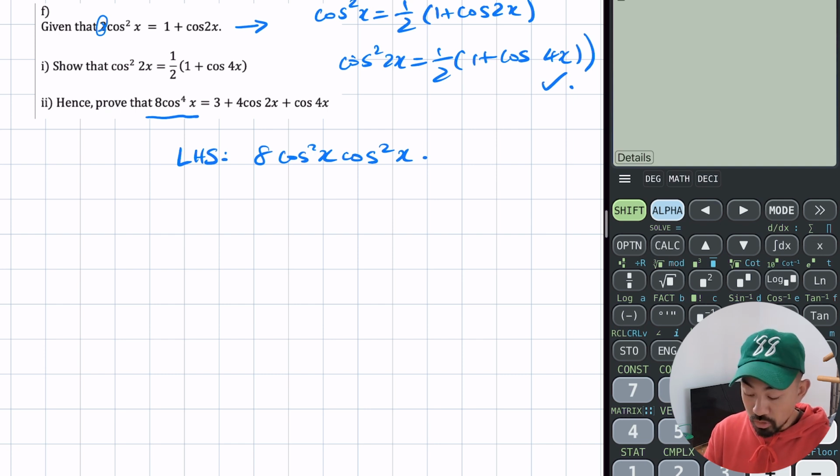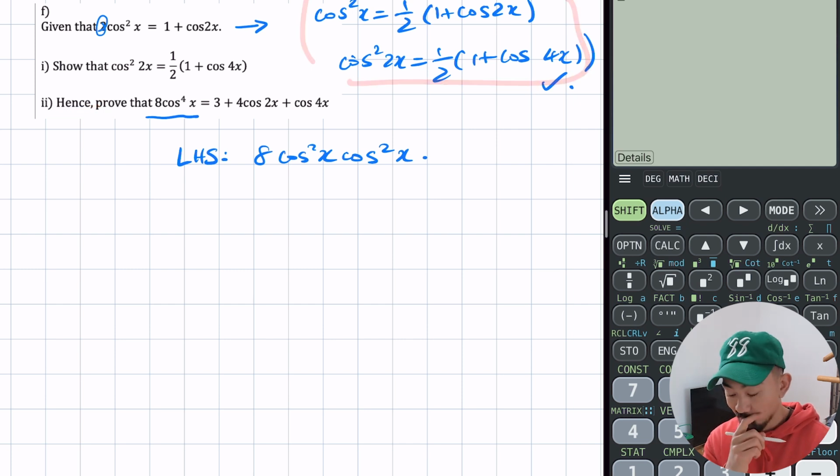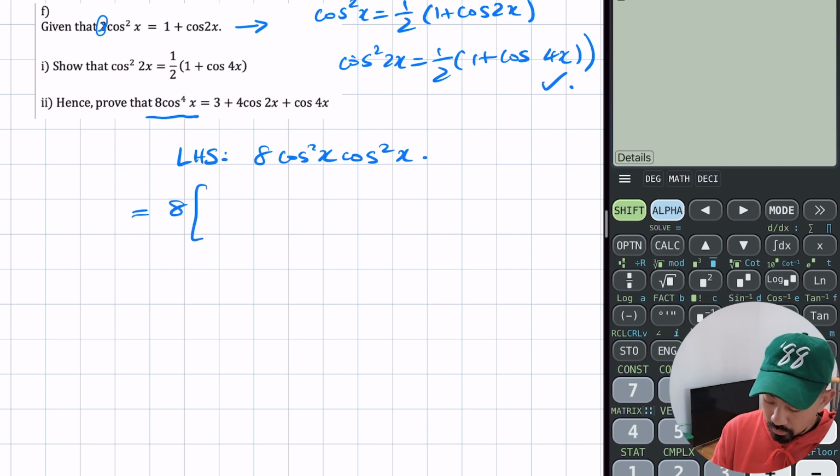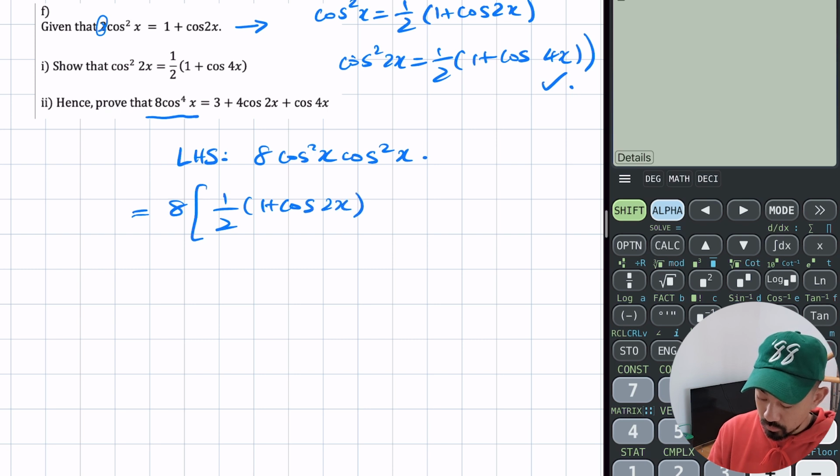All right, now once you've got this broken up, it says hence, right? That means you should probably use what is up here to help you. So I can see that cos squared x is giving me something here. So let me just replace it. So 8 bracket 1 over 2, 1 plus cos 2x times 1 over 2, 1 plus cos 2x.